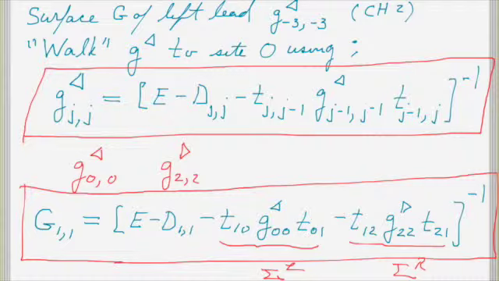But these are no longer ideal leads we're connecting to. That right connected Green's function at 2, 2 is a surface Green's function, but includes the effects of all the band bending and whatever is going on to the right, to and including from site 2 all the way to plus infinity.